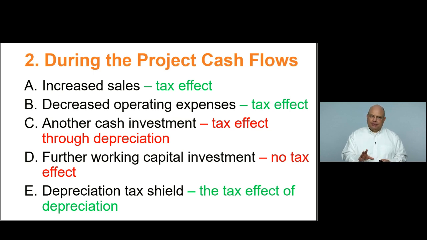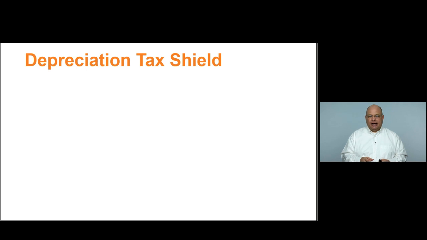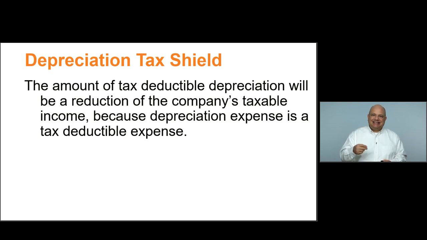Here's what happens with the Depreciation Tax Shield. As we depreciate the asset, that depreciation expense becomes deductible for tax purposes. Because it's deductible, it decreases our taxable profit, which decreases the amount of taxes we need to pay.